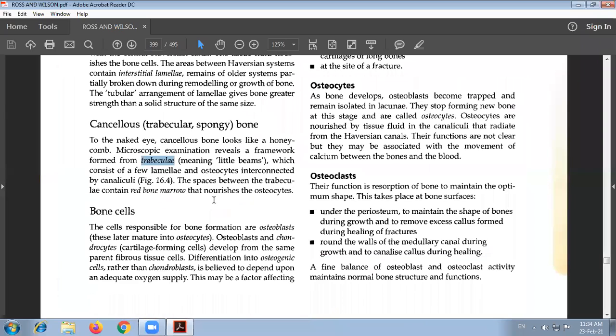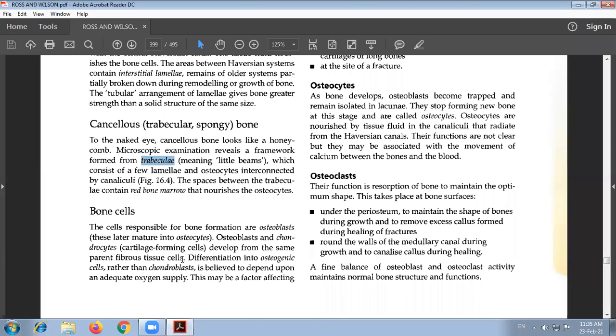While different types of bone cells are present, the cells responsible for bone formation are osteoblasts, and later when they mature, they are called osteocytes. Osteoblasts and chondrocytes, which are cartilage forming cells, develop from the same parent fibrous tissue cells.